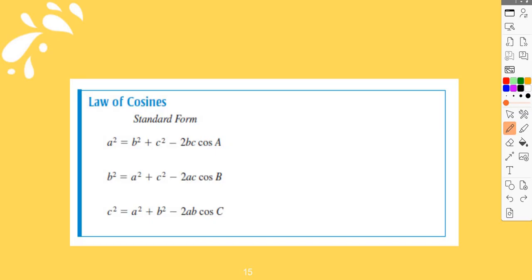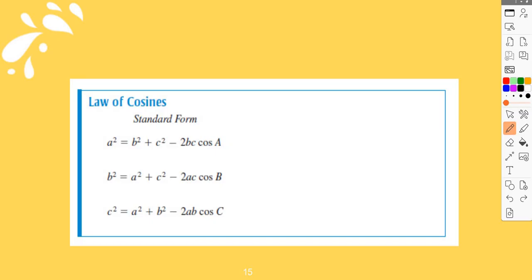So what does our law of cosines look similar to? Let's think about if I'm looking at that first one. A squared is going to be across from cosine of big A. Well, let's pretend that my A squared is our hypotenuse.